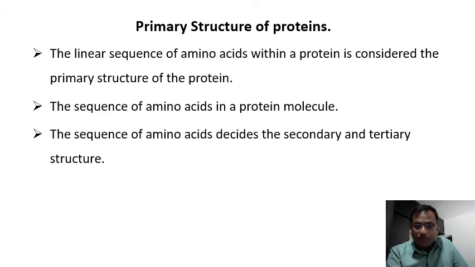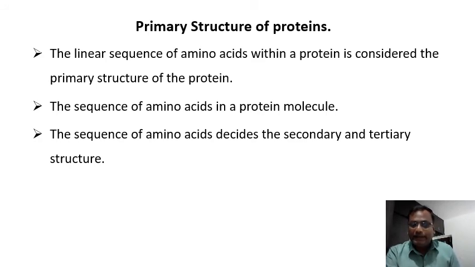Now just think of the permutations and combinations with 20 different amino acids, which can combine in different numbers. So that's why, with 20 simple letters like amino acids, there is an infinite possibility of proteins in nature. Therefore, the primary sequence of amino acids is very important, and that is the primary structure of proteins. Now, who decides this primary structure?